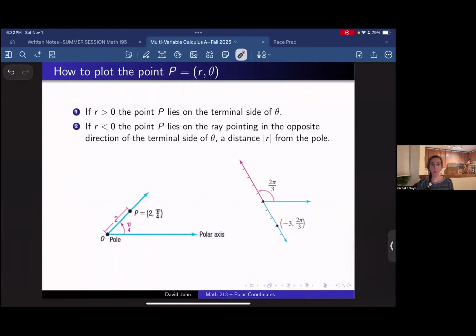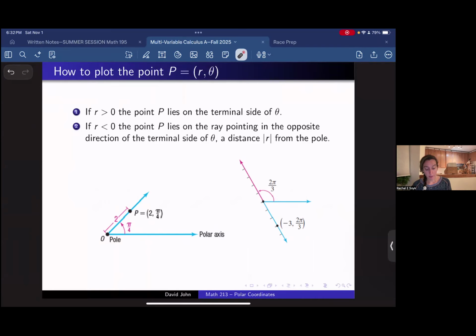And so we know distance is always positive, but when we are looking at our R value, we could have a negative R, which sort of tells us that it's stemming in the opposite direction.